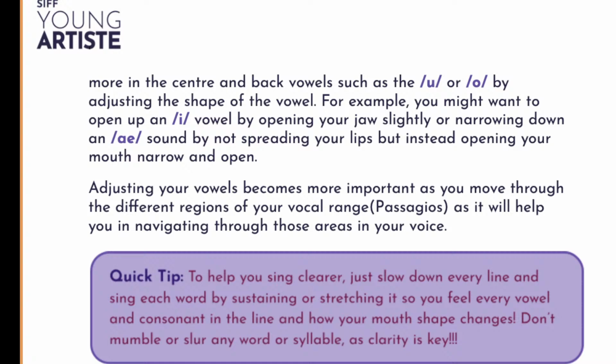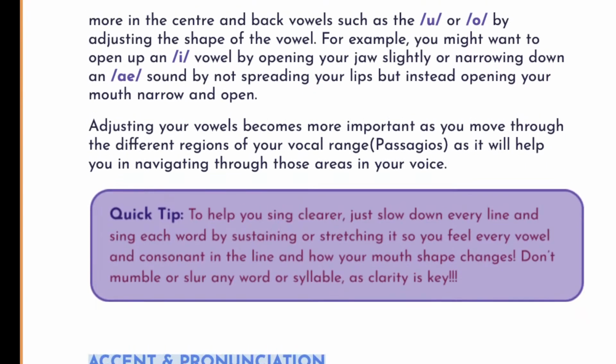So in all of these places, the way you sing your vowel and the way the shape changes will help in navigating through these different areas of your voice. So that's very important as well. By adjusting your vowels, it can help you sing in different parts of your register.